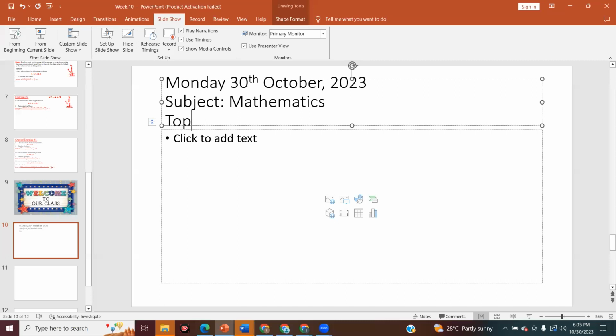And the topic is circumference word problems. And probably going to be part 1 of this, circumference word problems, part 1.